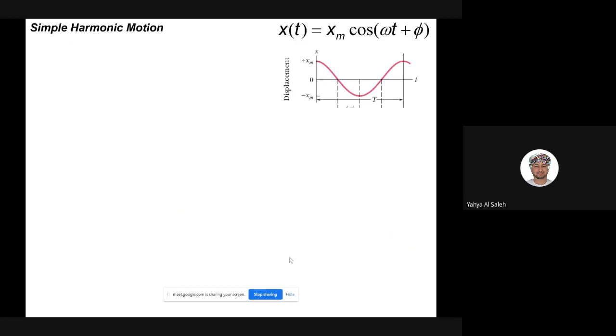If my position is x cosine omega t plus phi, what is my velocity? What is v of t?